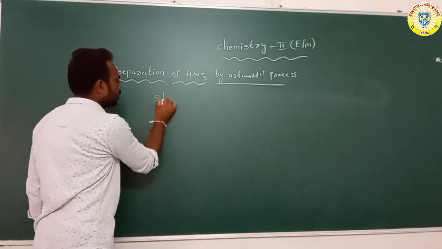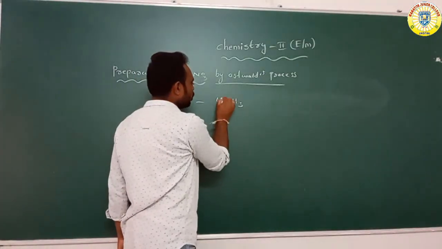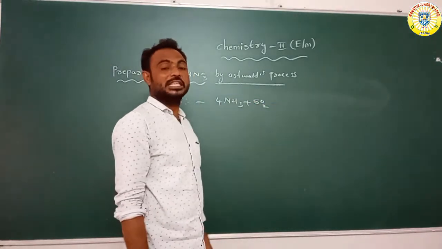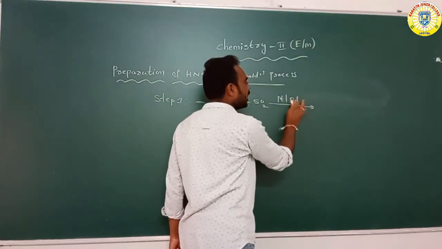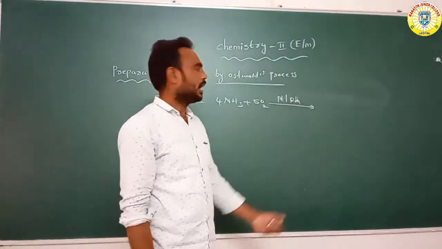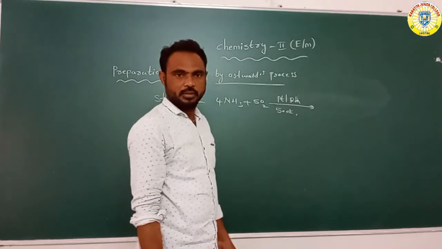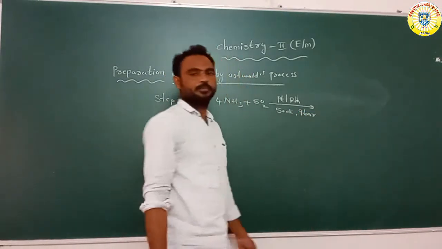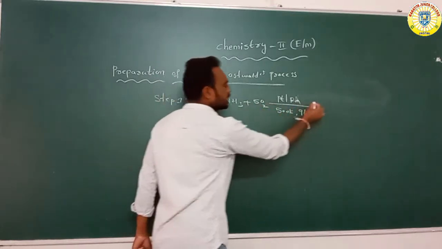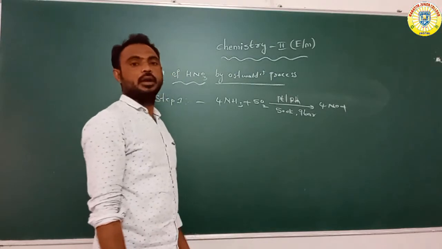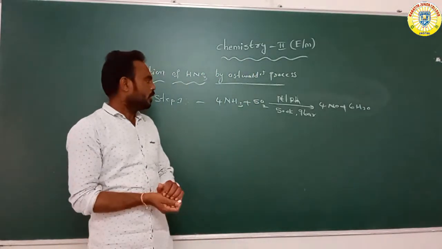In step 1, we take ammonia NH3, and this ammonia reacts with oxygen in the presence of platinum or rhodium gauze catalyst at 500 Kelvin temperature and 9 bar pressure, to form 4NO, nitric oxide, and next H2O, water molecules.